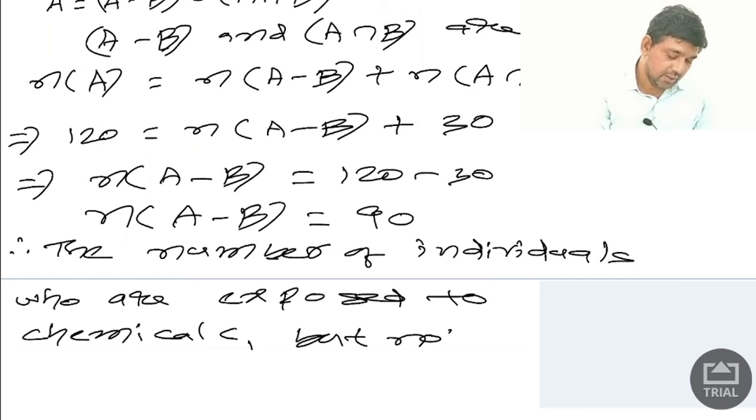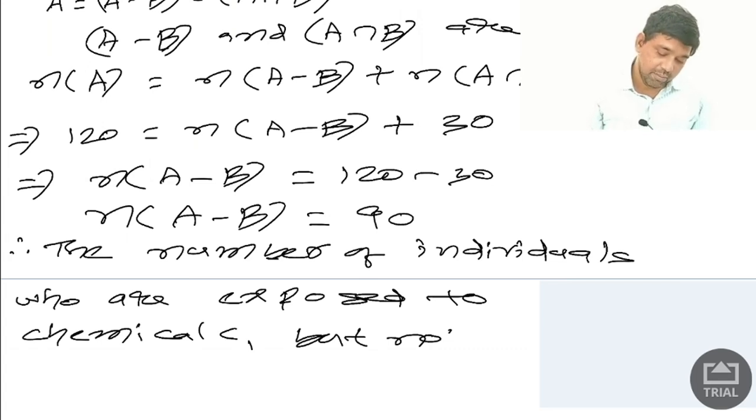The next question is using Venn diagram. We have set B. What is set B, guys?